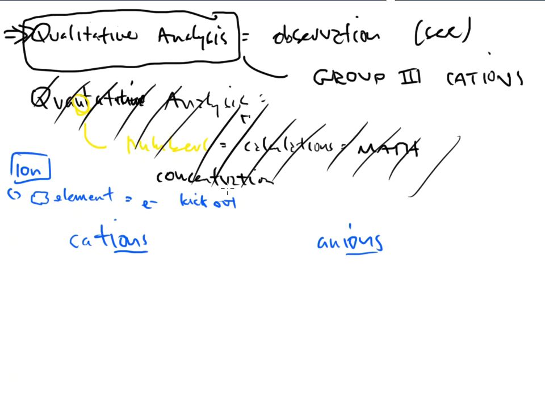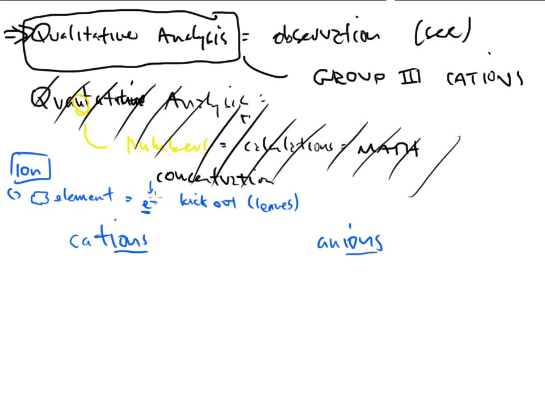Well, sooner or later, that atom is going to get annoyed. And that atom's going to look at that electron and say, out. Enough of this. You are gone. You're leaving. Bye-bye. See you later. And the electron leaves. Well, the electron carries a negative charge, doesn't it?